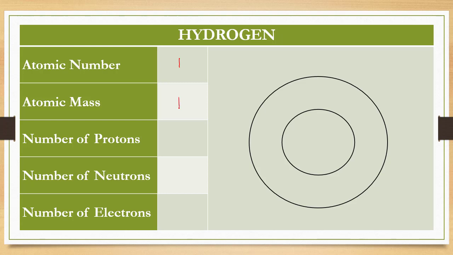Keep in mind when you're drawing a Bohr diagram for the first 20 elements that you are rounding the atomic mass to the whole number.